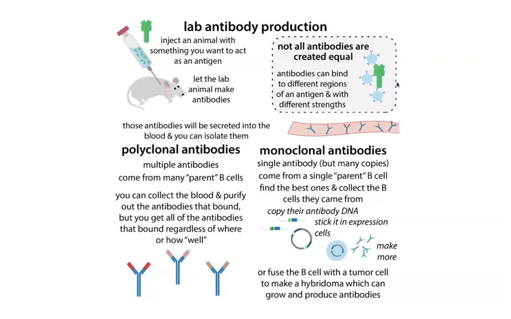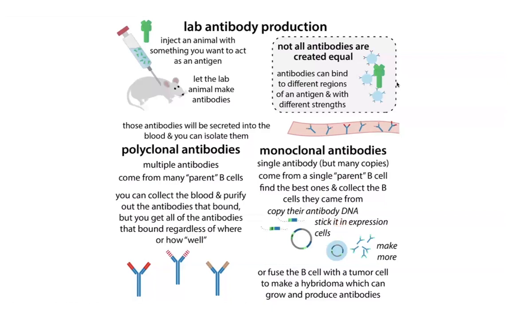If you want just those really good ones, what you can do is isolate the cells that make those really, really good ones. And then you can either do a thing called a hybridoma, where you get the cell to grow forever and make lots of copies of it. Or nowadays you can take the genetic information for making that antibody, stick it into cells and get cells to make more with all those good recombinant protein expression techniques we've been talking about.